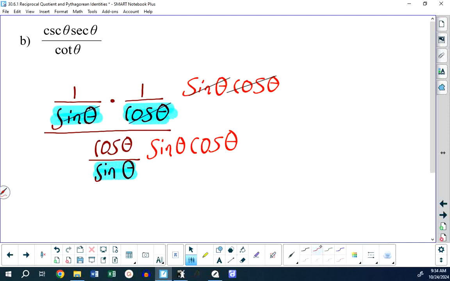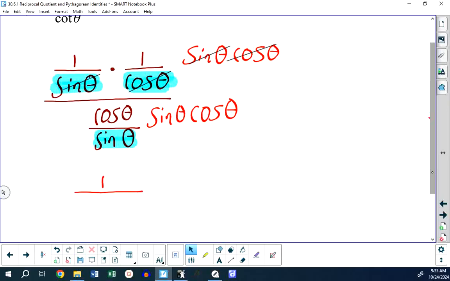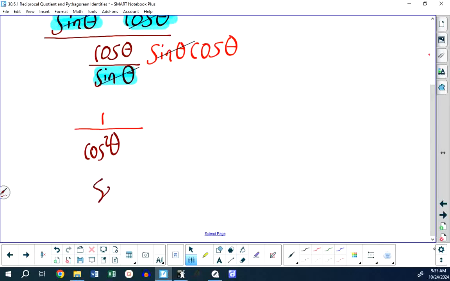So on the top, all we are left with is 1. And on the bottom, the sine cancels with the sine, and we are left with a cosine times a cosine, which is cosine squared of theta, and we can write that as secant squared of theta.